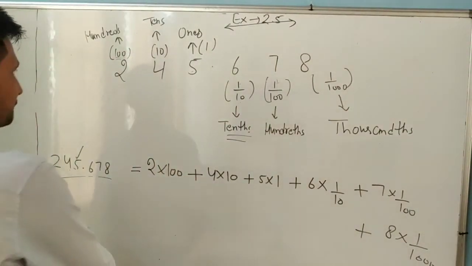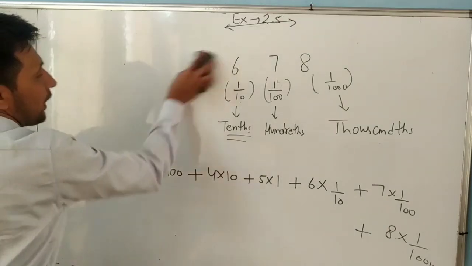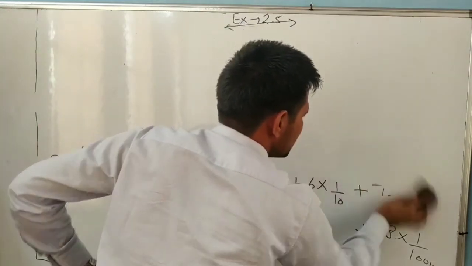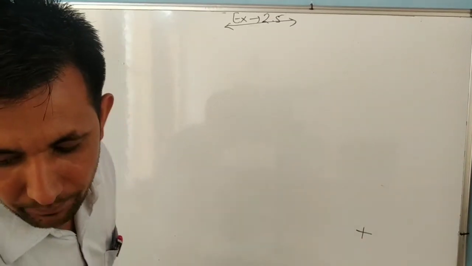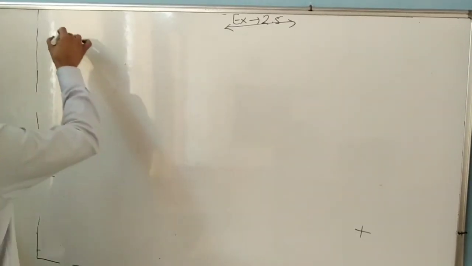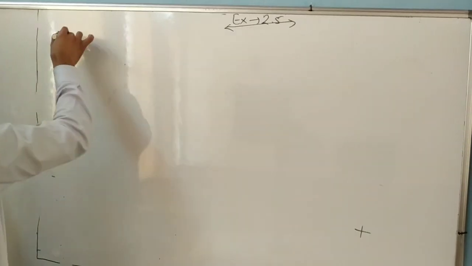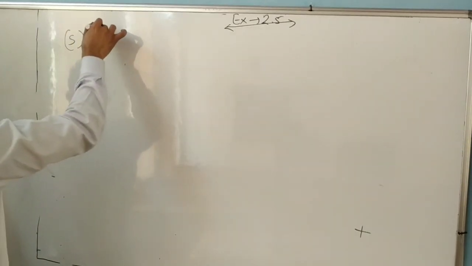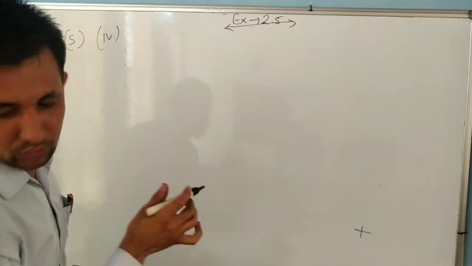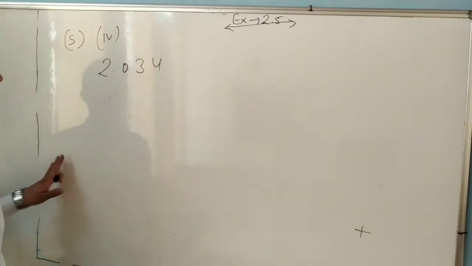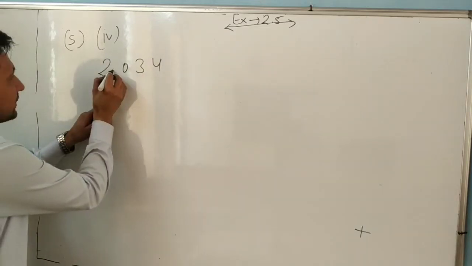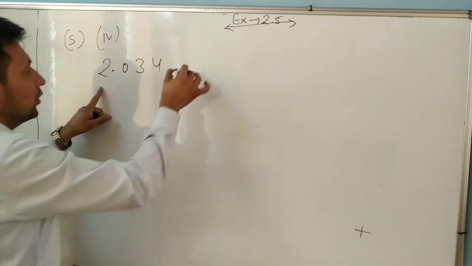So now we will do question number 5. Look at what we will do. Everyone knows in 6th class we have already learned how to expand numbers. Only one part, which one? 4th part. The rest you do yourself. For 5th question, 4th part, 2.034. This one. Yes, it is a decimal. What is place value of 2?